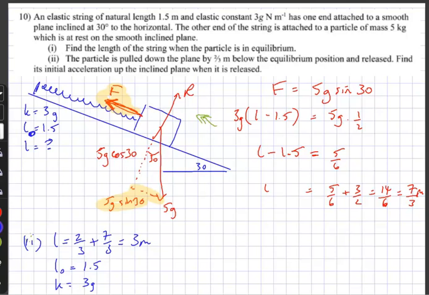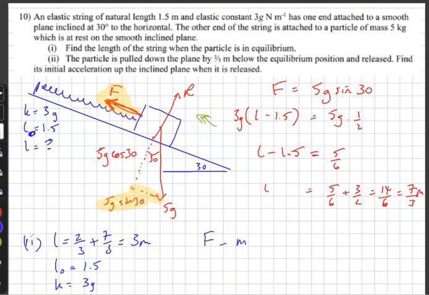And we want to know what the forces are here. There's a force acting in one direction and a force acting in the other direction, but they're not equal now. Because we've extended this object's distance, the restoring force is going to be greater.